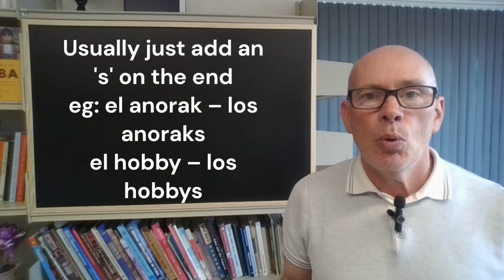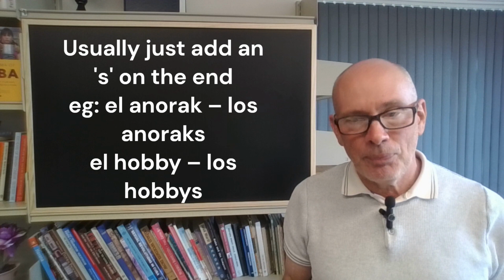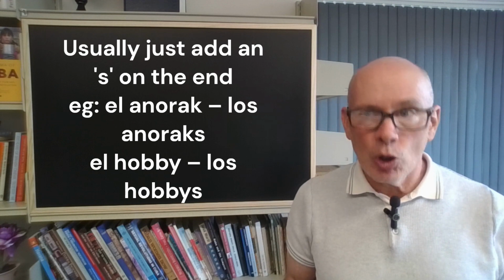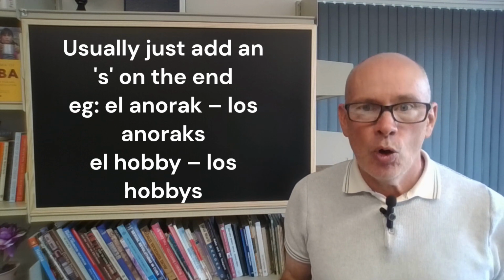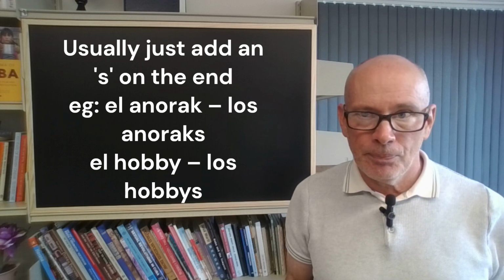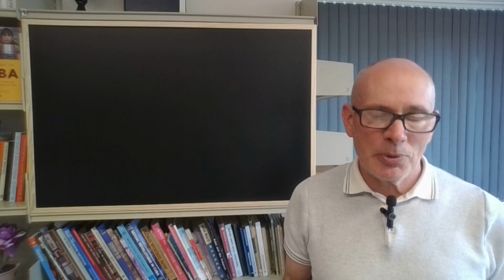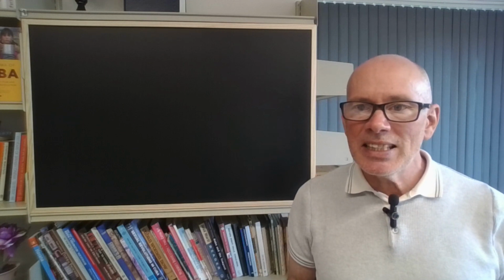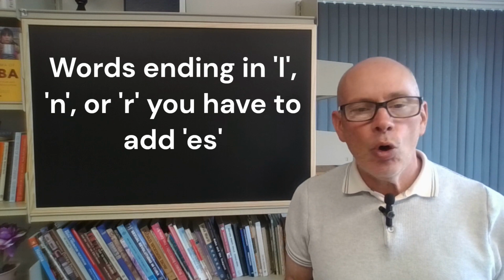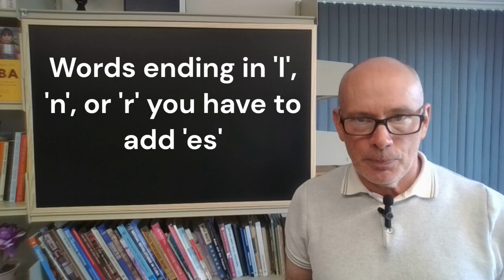For example, one such borrowed noun might be el anorak, which becomes los anoraks, or el obi, which becomes los obis. But sometimes, more exceptions, especially when the word ends in L, N, or R, you have to add es.